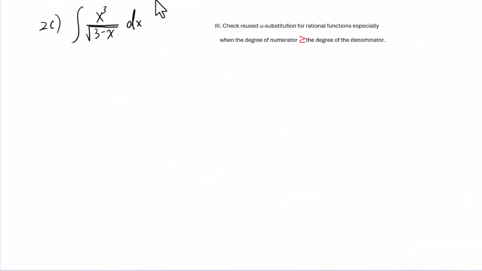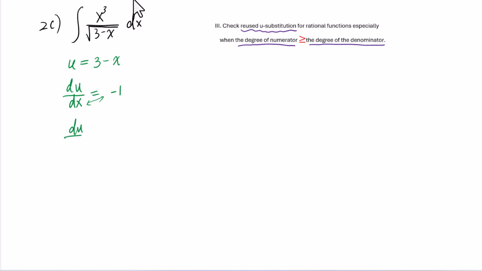Let's go to 2c. When the degree of numerator is greater than or equal to the degree of the denominator, you need to try reuse the U substitution. Let's make u equal to 3 minus x. Then du dx equals -1. Switch these two. Du over -1 equals dx.